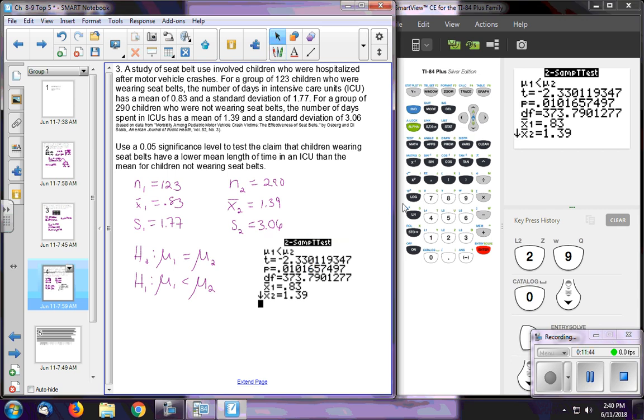So this readout gives us quite a bit of information. You'll notice our t-test statistic and our p-value.